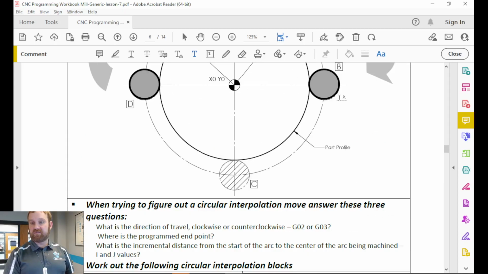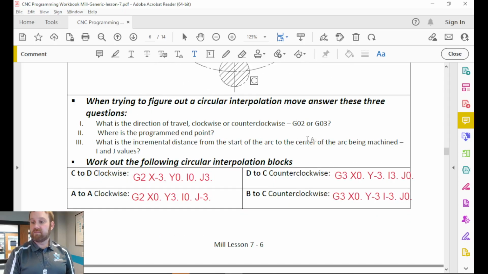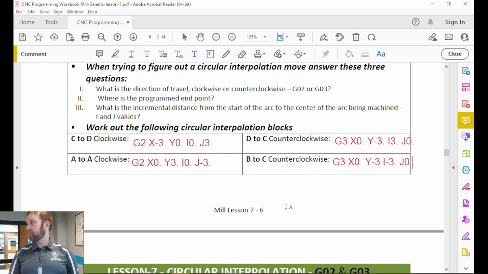The incremental distance from B to the center is in the negative X direction, so it's going to be an I negative 3 inches, J0. Okay. Starting to clear up any for everybody? A little bit? Well, Mr. Shetterly, you're next, because you get to do the fun one.